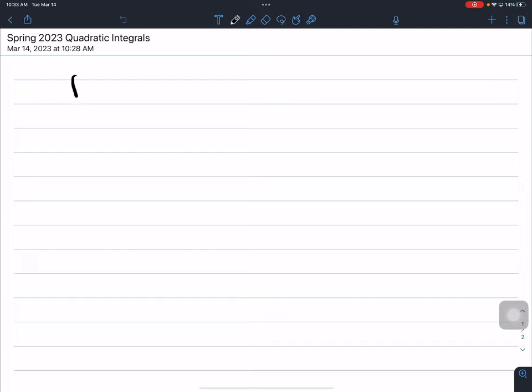We're going to try to do something like this as an example here. I have 1 over (4x squared plus 9) squared dx. Okay?